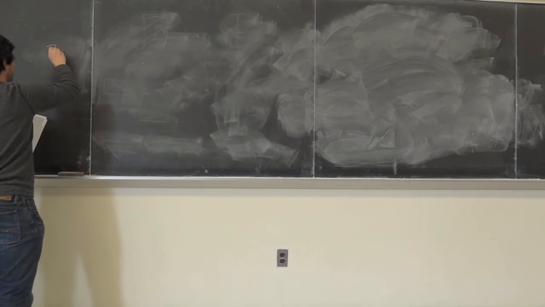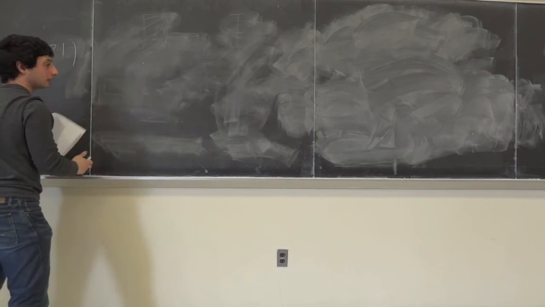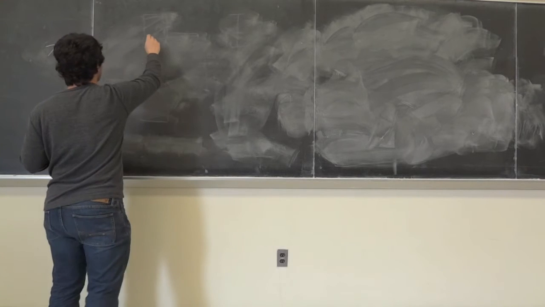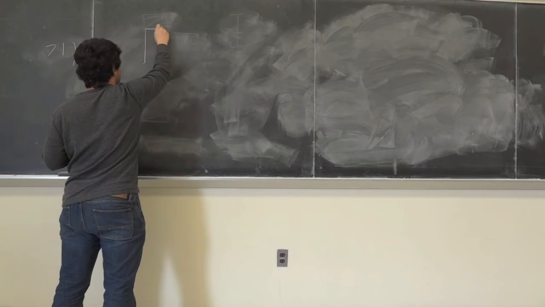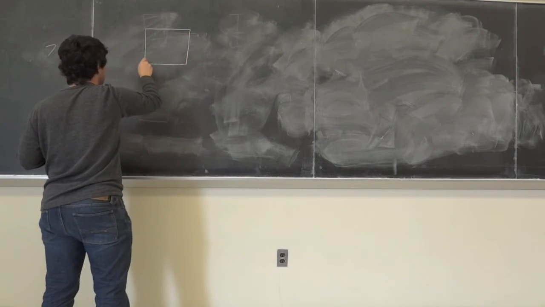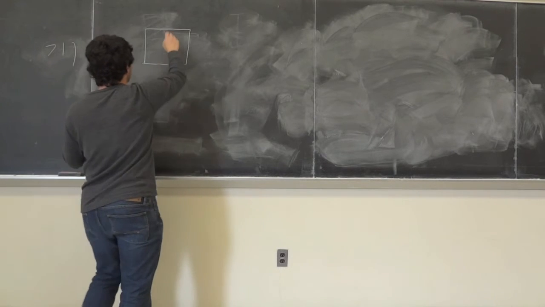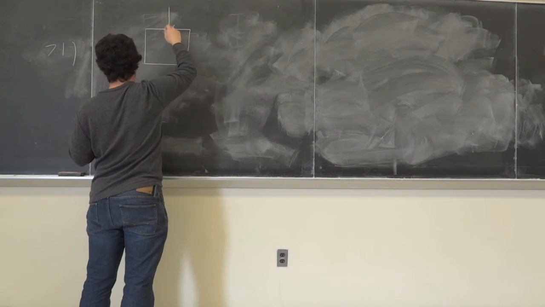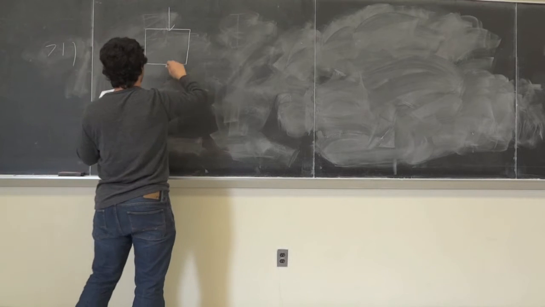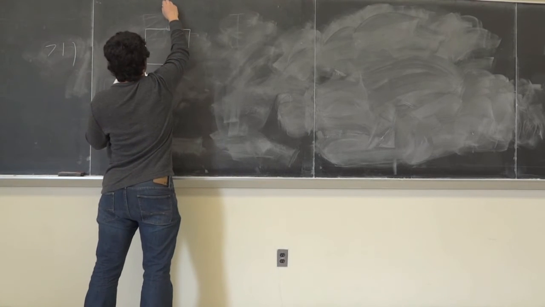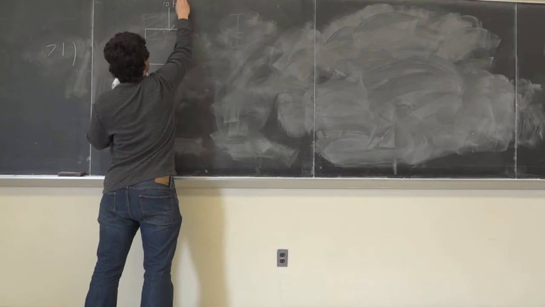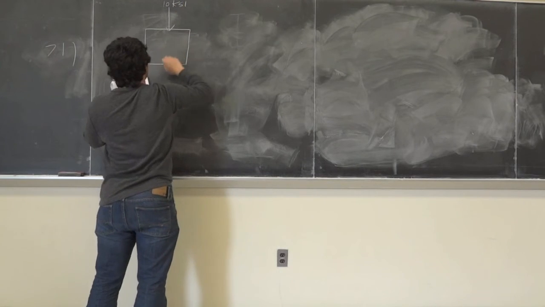Okay, 7.1. This problem's really simple. This is a transformation of stresses. They give you this 2D stress over here. It's in compression, so sigma y is equal to 10 KSI.